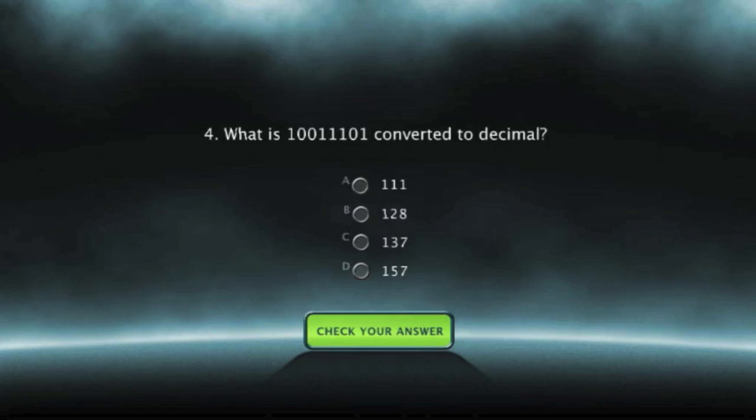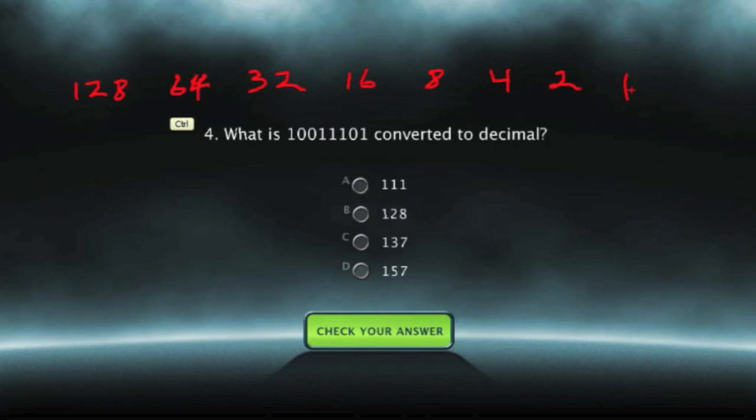Now, addition is easier than subtraction for me, so this one's really, really easy. Okay, remember I'm going to have my conversion chart, right? So we've got 128, 64, 32, 16, 8, 4, 2, 1.